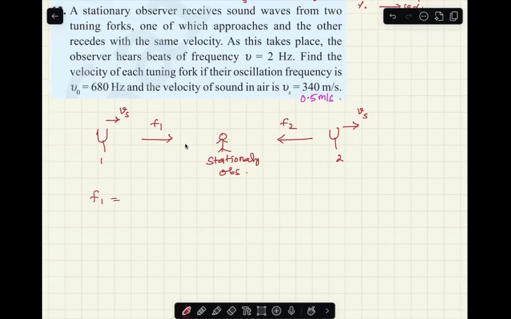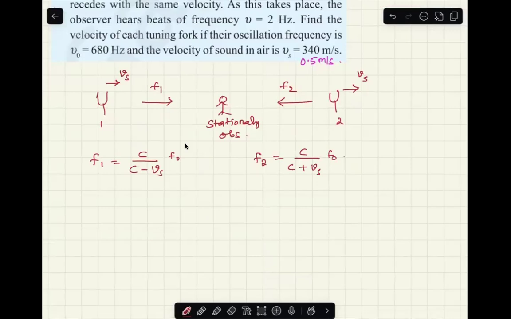What is f1? Source approaching a stationary observer: c by (c minus Vs) times f0. For f2, source moving away from the stationary observer: c by (c plus Vs) times f0. You want the difference, f1 minus f2.